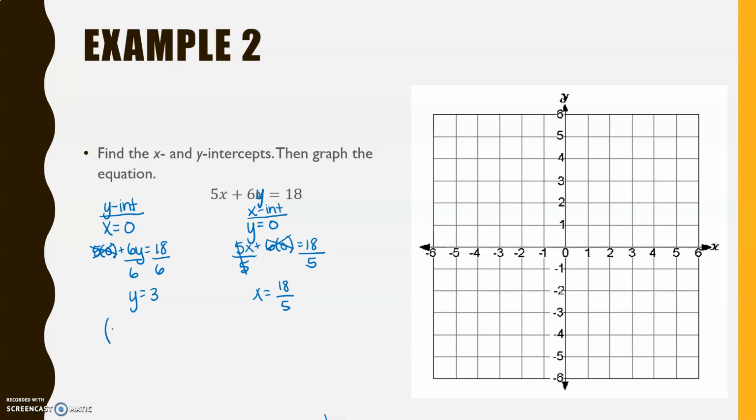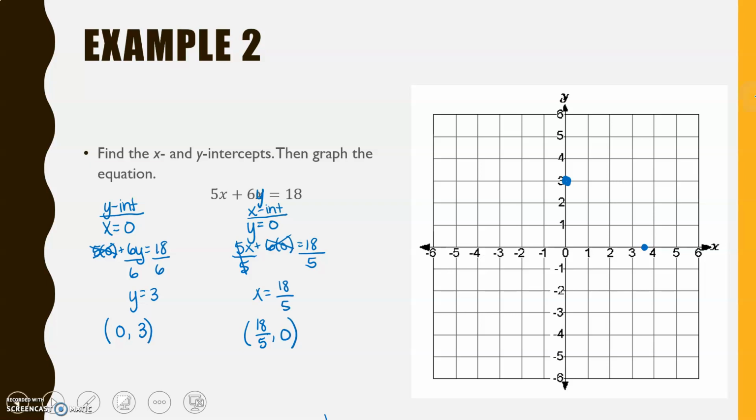For my y-intercept, I know that y equals 3, but that was when x was 0. So I'm going to have this point, and I can graph that, 0, 3. And then this point is 18 over 5, 0. So 18 over 5 would be 3 point something, because 5 goes into 18 3 times with a remainder. And so it's going to look something like this.